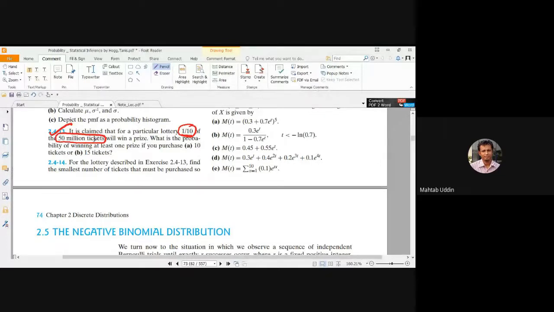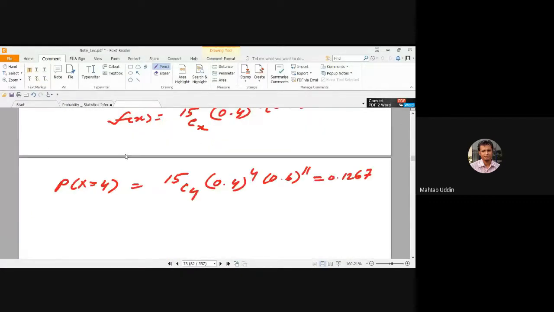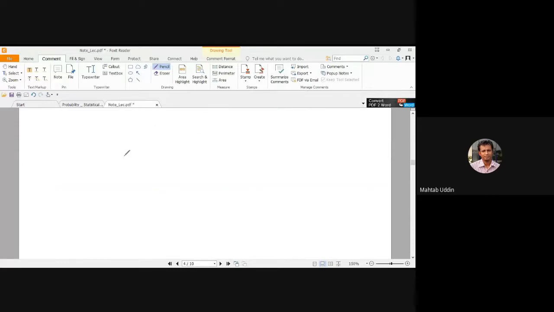What is the probability of winning at least one prize? At least one, so greater than or equal to 1. You purchase. Here n is changing. For the first part n is 10, and for the second part n is 15. That's the fun. So let's go. For A you have n equal to 10.